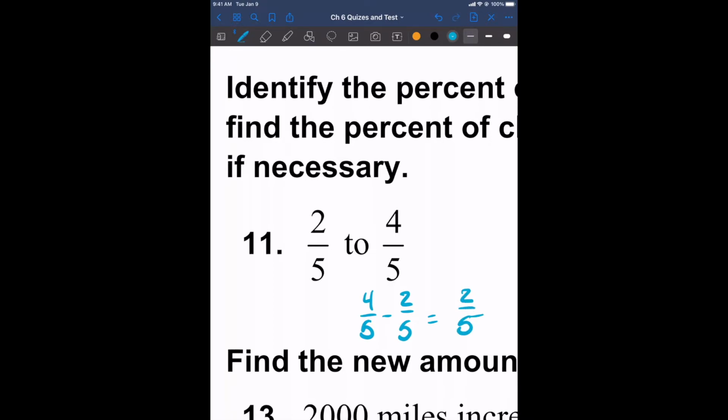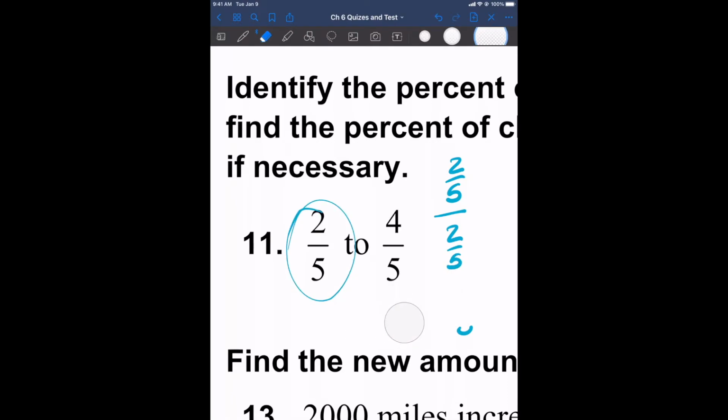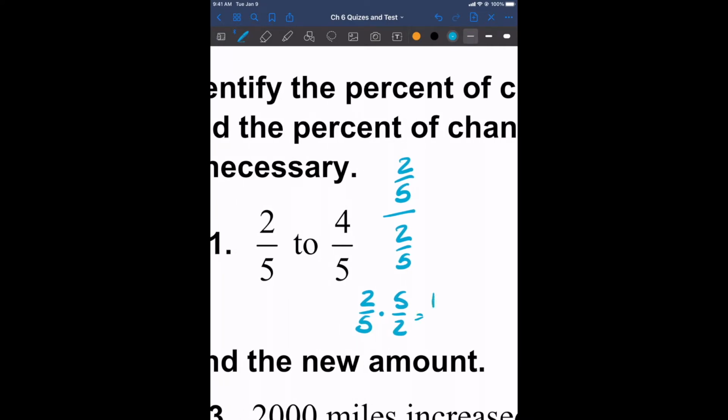Big number minus small number, divided by the first number they gave you. I got 2/5 divided by 2/5. That's the first number they gave us. Don't panic. Skip, flip, and multiply. 2/5 times 5/2. There you go. What is the percent of change?